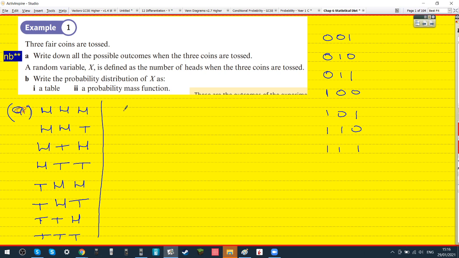So X is the number of heads, and the probability that X is x. What are the possible numbers of heads that we can get? All possibilities. What's the smallest? What's the most?